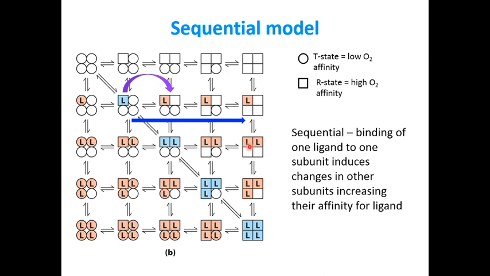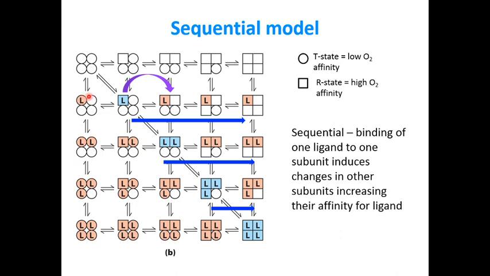The two models, the concerted model and the sequential model, are not mutually exclusive. The concerted model, as we saw in the previous slide, is viewed as all or none. And it's a limiting case of the sequential model, which means that the sequential model has the concerted model as well. For example, if you look at the T state going from here to here, it can go via the concerted model.